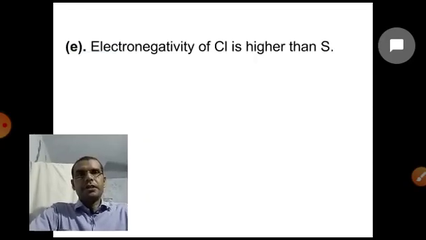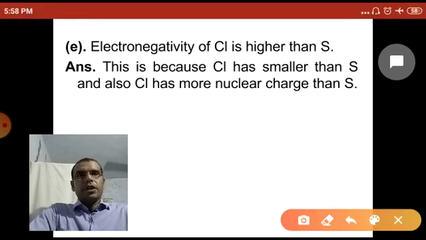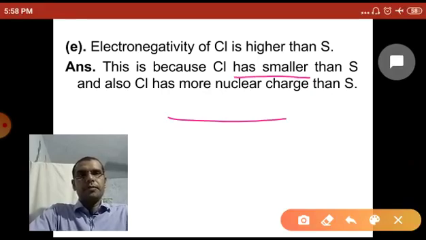Now next, explain: the electronegativity of chlorine is higher than sulfur. The electronegativity of chlorine is higher because chlorine has a smaller size as compared to sulfur. When you move from left to right in a particular period, the size of the atoms decreases.